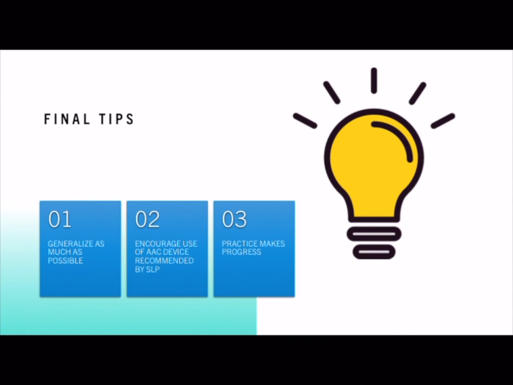Now, in closing, we want to remember 3 basic tips. We want to generalize functional communication as much as possible. We want to try to use as many core words as we can with these kids. Things like go, help, want, open, words that we use 100 times a day on a regular basis.